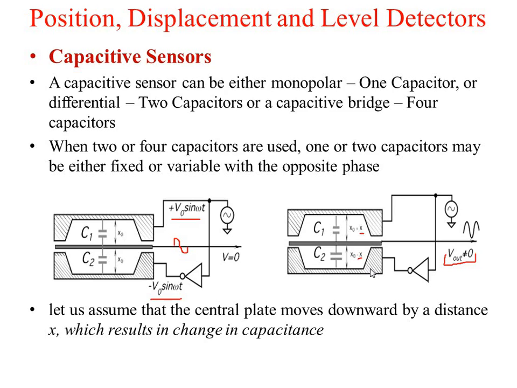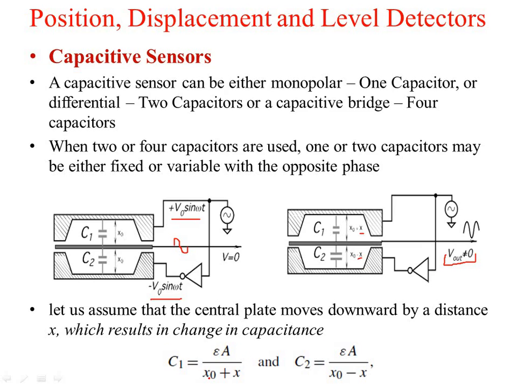So let us assume the same thing is explained with the help of text. What will happen? The capacitance will be changed because of the movement of the center plate. C1 will change because the area is constant, epsilon A is constant.